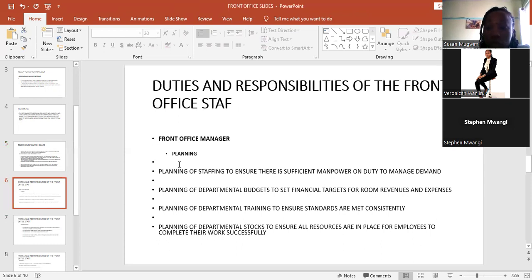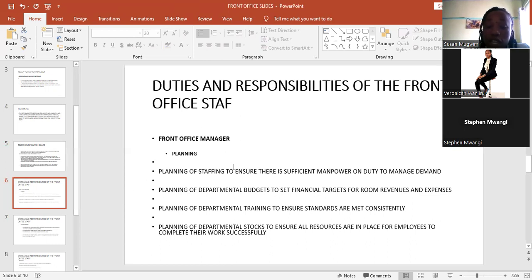Although he's not the one to train, he's the one to plan how the training will be carried out in the organization. And also he plans the departmental stock to ensure that all the resources are available both to the employee and to the guest who will come in the organization.